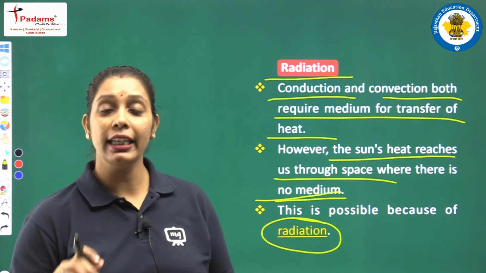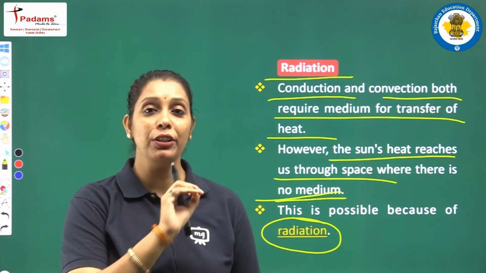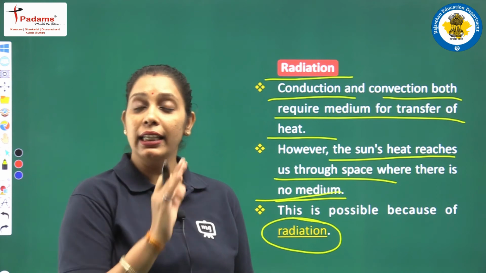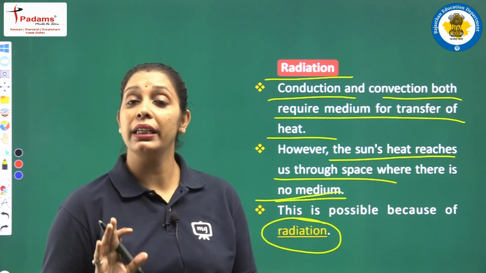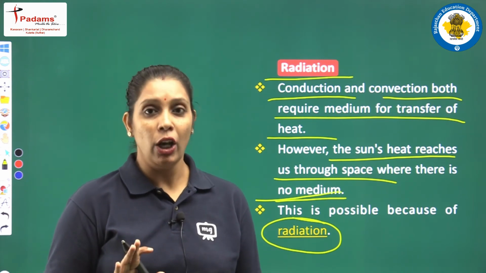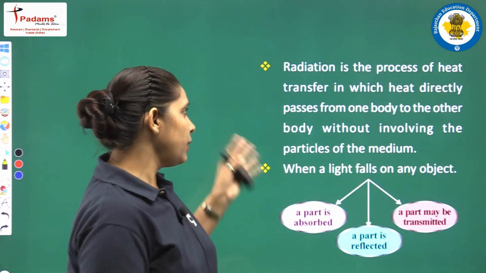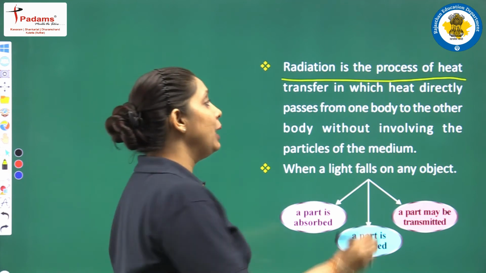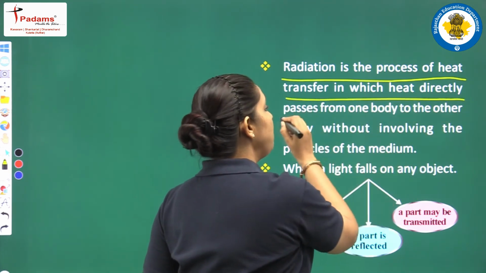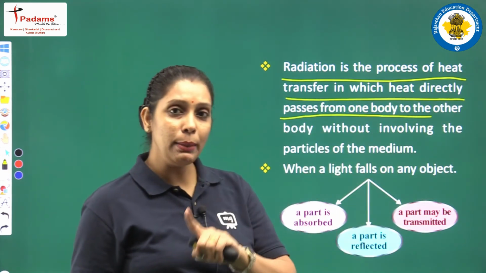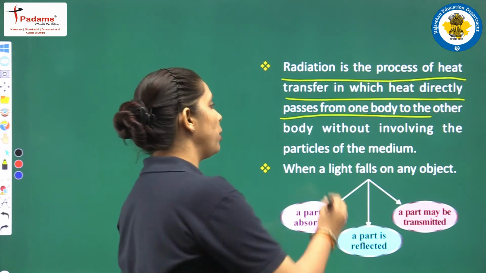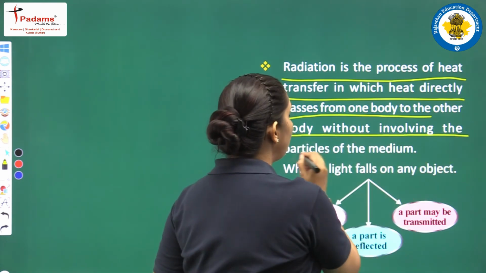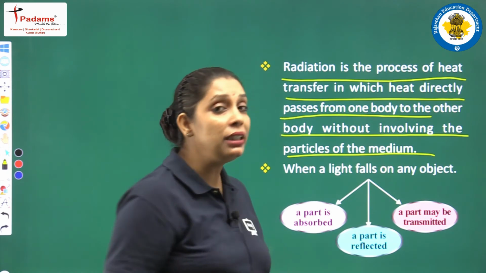इससे हम ये कह सकते हैं कि रेडिएशन में हमें किसी मीडियम की ज़रूरत नहीं है, इसीलिए हमें सनलाइट बिना किसी मीडियम के इजीली मिल जाती है. स्टूडेंट्स, रेडिएशन इज़ द प्रोसेस ऑफ हीट ट्रांसफ़र in which heat directly passes from one body to other body without involving the particles of the medium.